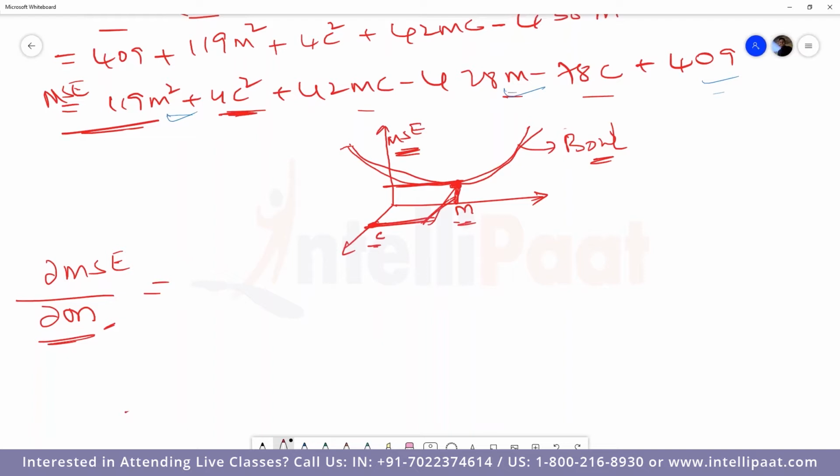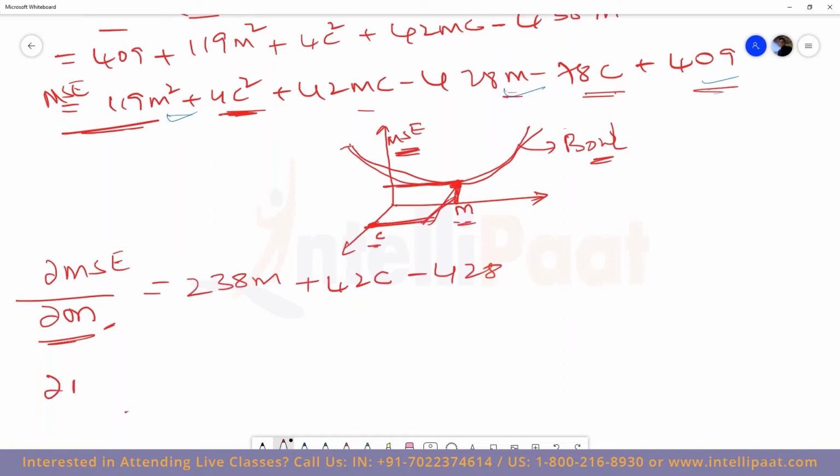So this will become 119 times 2, that is 238m, plus 42c, because m becomes 1, minus 428, and the rest are constants, so the whole thing becomes 0.